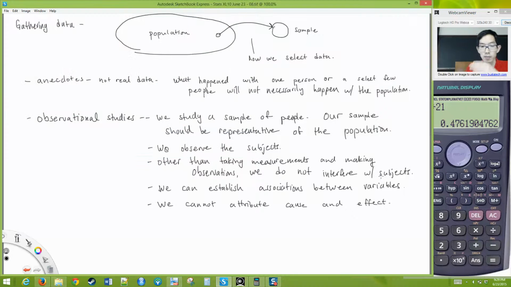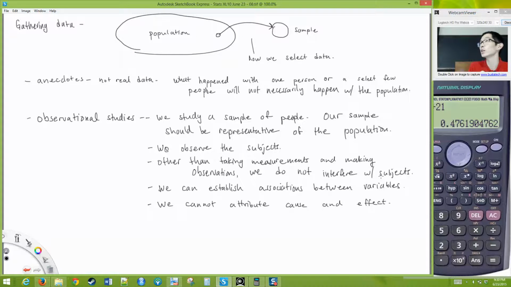So from observational studies, we might be able to say people who have vitamin D deficiency tend to have more of this disease. Whatever that disease is. But from an observational study, we cannot then say vitamin D deficiency is the reason this disease is more prevalent.